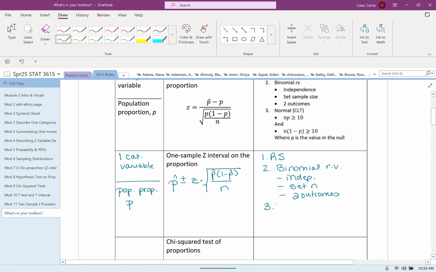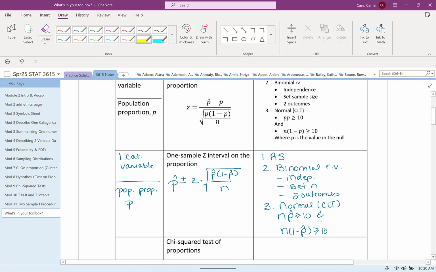And then the difference between this confidence interval and the hypothesis test is in how we satisfy normality. It's still the central limit theorem, and it's still that n times p is greater than or equal to 10, but we don't have p, so we have to use p hat. So this one is n times p hat is greater than or equal to 10, and n times 1 minus p hat is greater than or equal to 10.